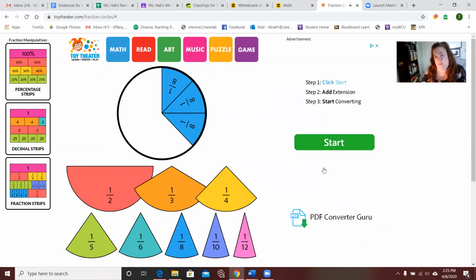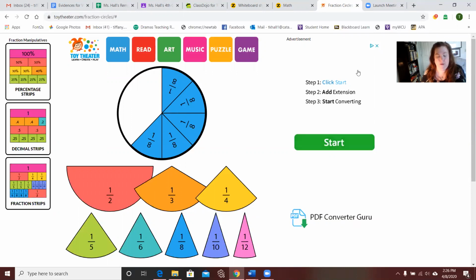That's 3/8. But the problem is 3/8 plus 2/8, so I'm going to add two more eighths. 1, 2. Now when you add them together, you have 1, 2, 3, 4, 5. So you have 5/8 as your answer.